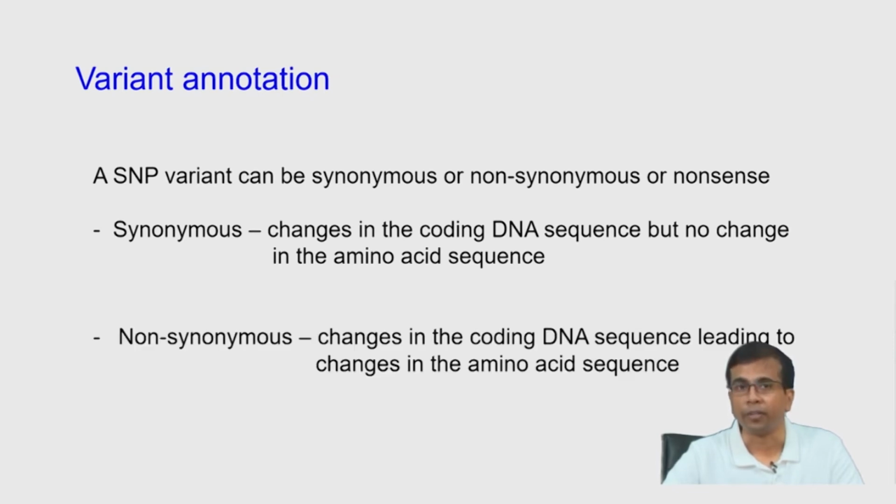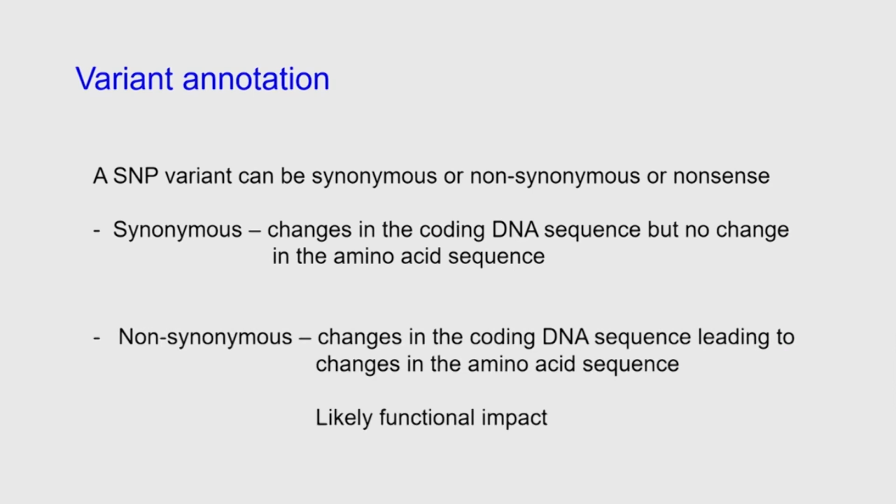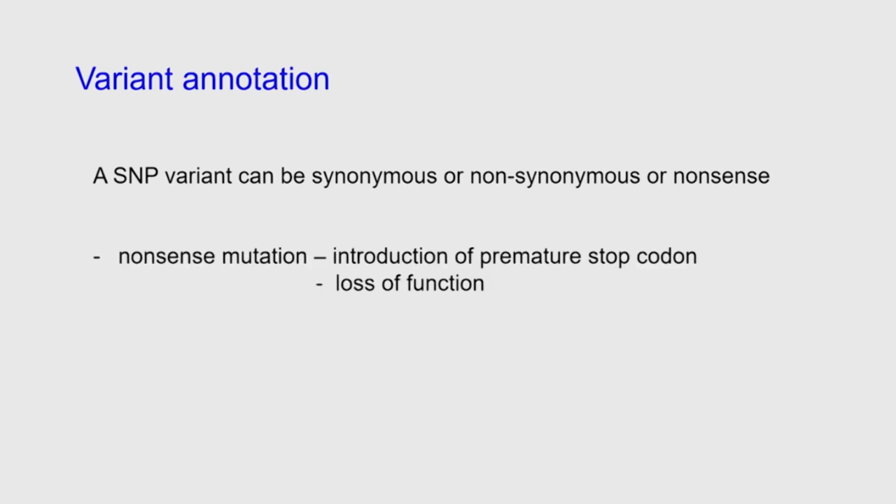It could be non-synonymous, meaning there is a change in the coding DNA sequence leading to a change in the amino acid sequence. So, these variants are likely to have functional impact. And on top of that, you can have a nonsense mutation. A nonsense mutation refers to the introduction of a premature stop codon in the gene, and this can lead to loss of function.